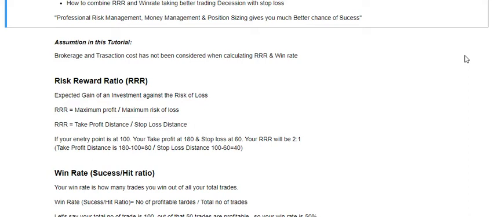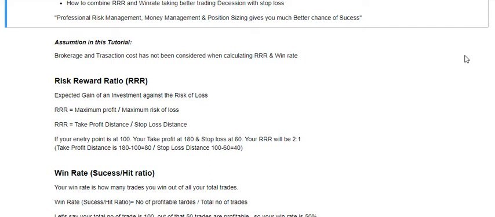Now let's say your entry point is $100, your take profit point is at $180 and stop loss is at $60. So your RRR will be 2 to 1, because your take profit distance is 80, which is 180 minus 100, and your stop loss distance is 40, which is 100 minus 60. Now 80 divided by 40, you get 2 to 1.